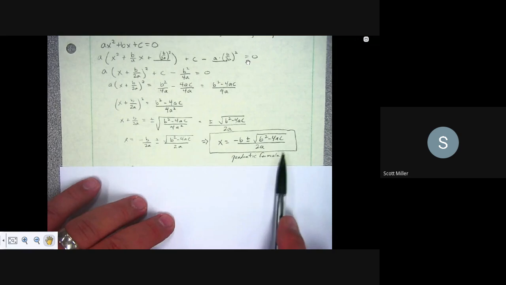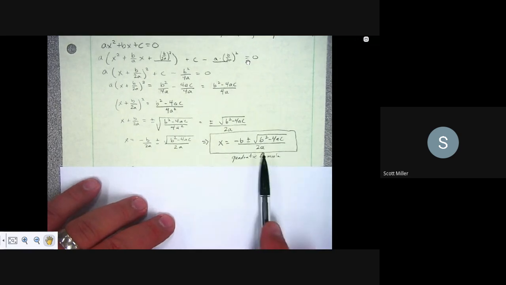Whether you use the complete the square format or the one I showed you, the alternate format, just put it into vertex form, either way, okay? But you should be comfortable with one of those methodologies. So the quadratic formula is a method. It's a formula for finding a solution to a quadratic equation of this type. That's what it does.